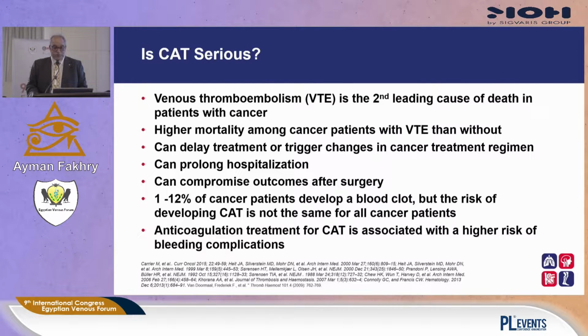Also, 1 to 2% of patients develop blood clots, but the risk of developing CAT is not the same for all cancer patients. Some cancers have a special tendency to develop venous thrombosis, but not all cancers are at the same level.